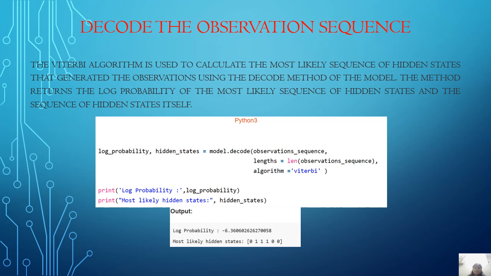We can see the Python code here: log probability, hidden states is equal to model.decode of observations sequence, lengths is equal to len of observations sequence, algorithm is equal to viterbi. You're going to print the log probability, then you're going to print the statement most likely hidden states are, and you can also see the log probability and most likely hidden states output.